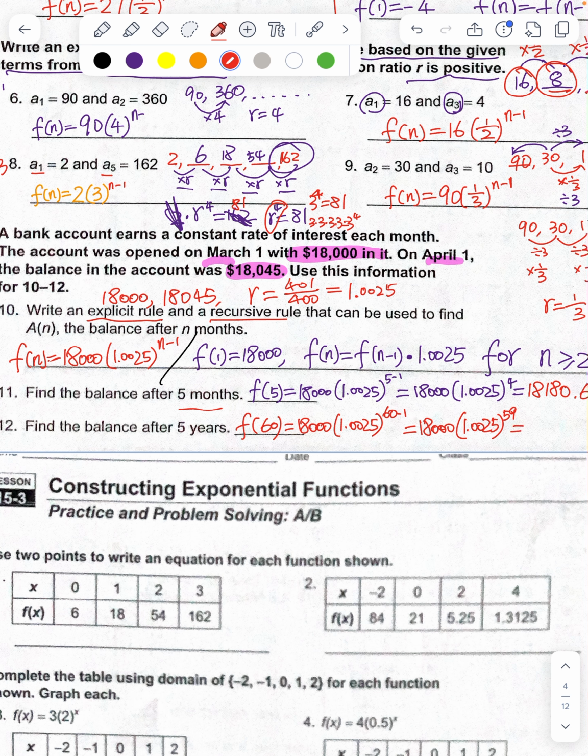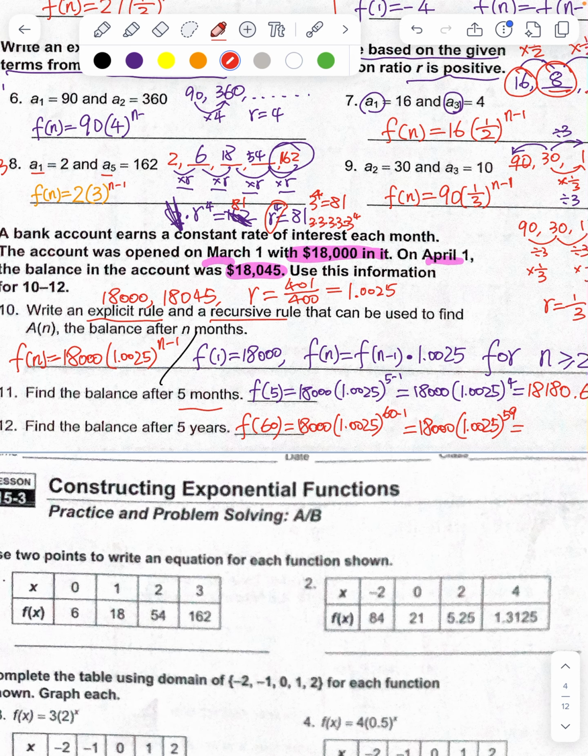Oh, I have to use the calculator. 1.0025 raised to the power of 59 equals 1.1587. Multiply by 18,000.